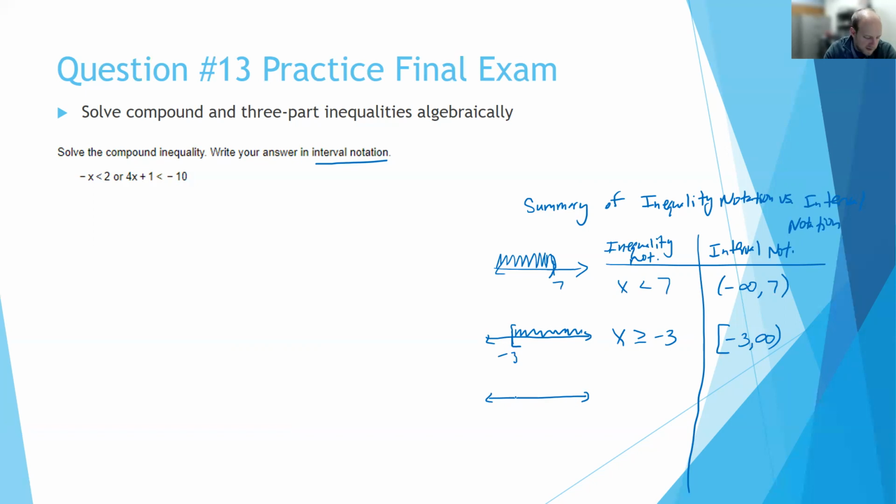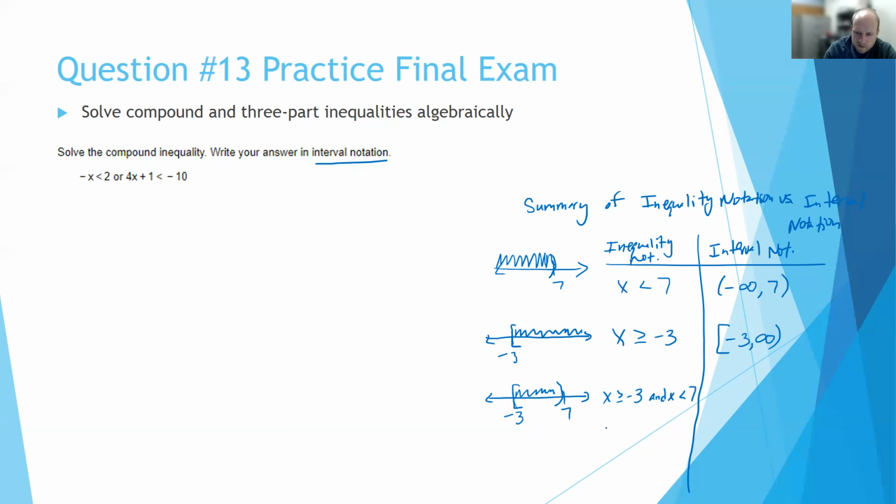Let's say you have something like this. We have a -3 here and a 7 here, and we have a bracket at -3, parenthesis at 7, and everything in between. Then that would be x is greater than or equal to -3, and x is less than 7.